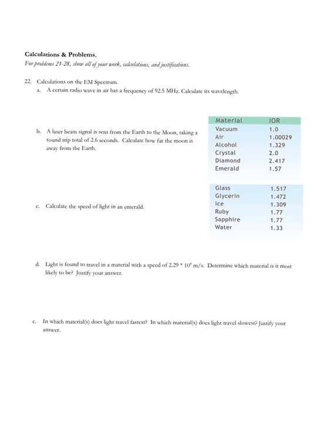So for instance, 22A, we have a frequency, and we want to find a wavelength. The equation that has both frequency and wavelength is the wave equation. So I would use the speed of light plus the frequency, which is 92.5 mega, so that's 10 to the 6th hertz, and divide to get the wavelength.